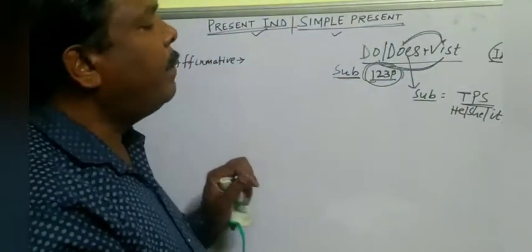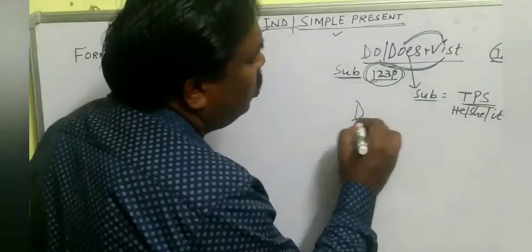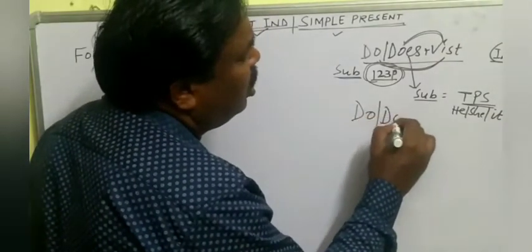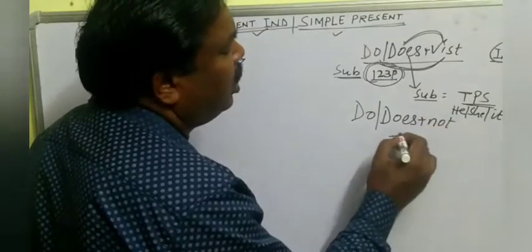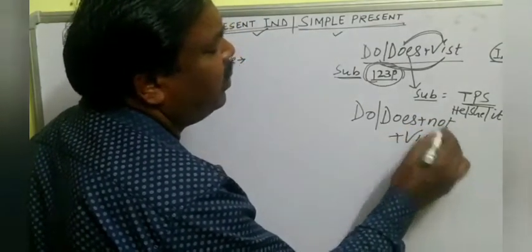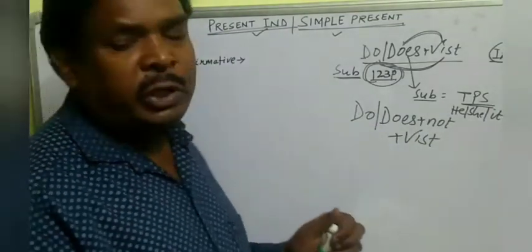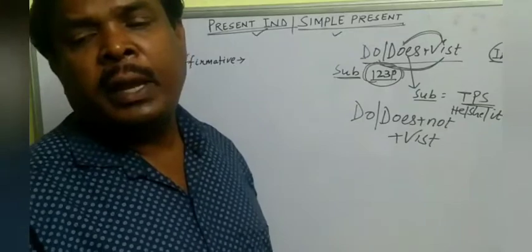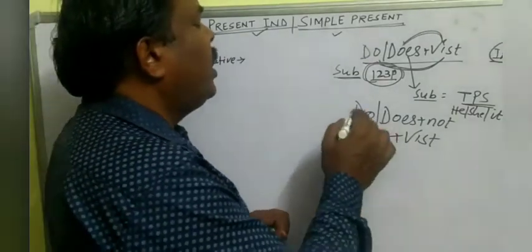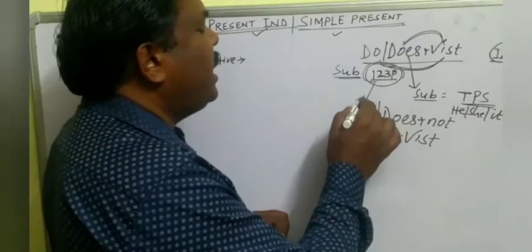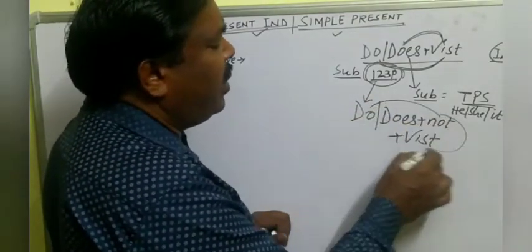Is it clear? Okay. Where we shall use do not or does not plus first form of verb. If the subject is 1, 2, 3p, then use do not plus first form of verb.